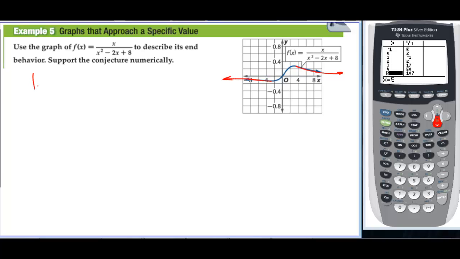So we can make the statement the limit as x approaches plus or minus infinity of f of x is equal to 0. This graph on both sides is leveling off to 0. We also say that this has a horizontal asymptote because it'll approach 0, but it'll never get there. That's why a limit statement is nice for this, because a limit is what it is approaching, not necessarily where it gets to. Could be, but not in this case.